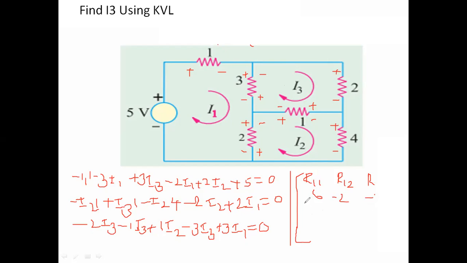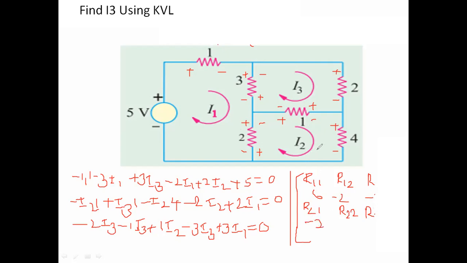Similarly, the second row elements are R21, R22, R23. R21, for loops 2 and 1, is combined, minus 2.